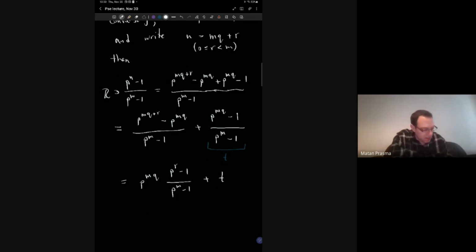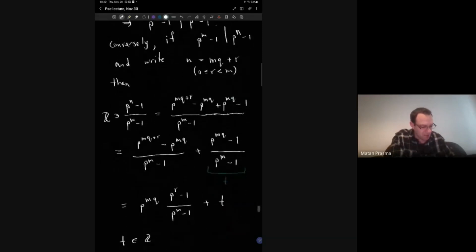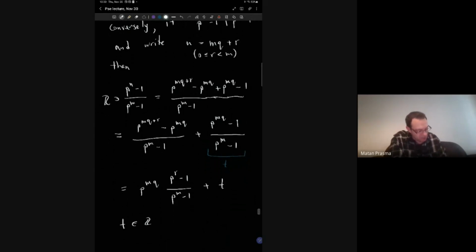Now, t is in z, t is an integer because we already proved that, since m divides mq, we know that p to the mq minus 1 is divisible by p to the m minus 1. This is the first part of this lemma.